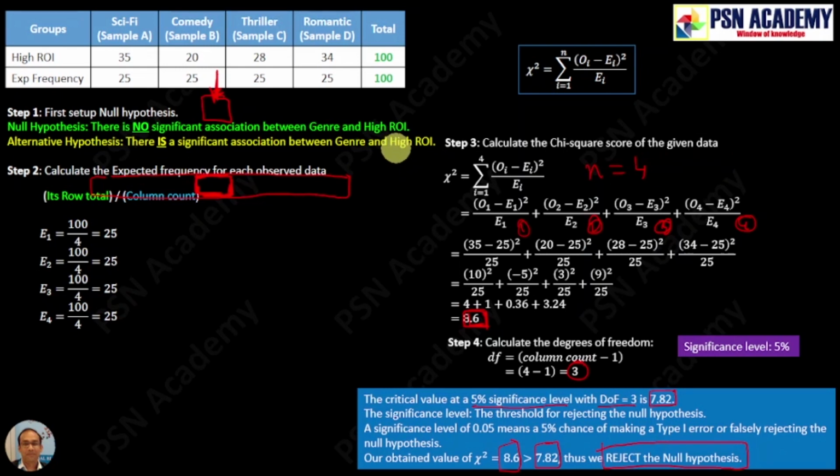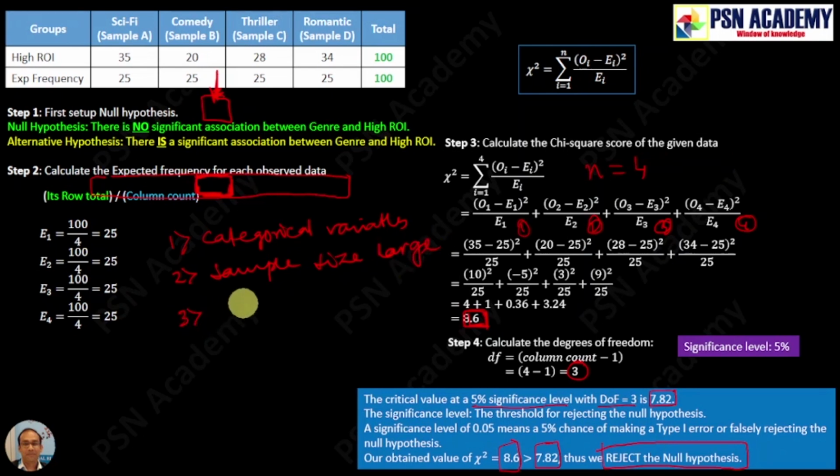So there are some limitations. So the first limitation is these are categorical variables. Number 2 is sample size must be large. Sample size must be large.